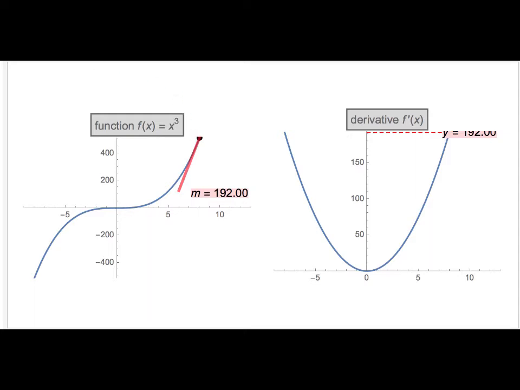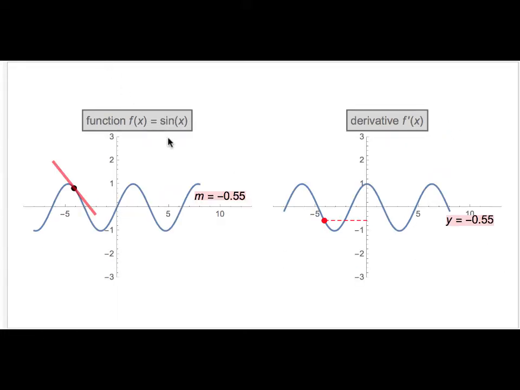When I take the derivative of a cubic function, notice it becomes a parabola, a quadratic equation. I wonder if this is a trend. I wonder if this will continue if I do x to the 4th, x to the 5th. That's something for you to think about and see if you can figure out: is there a relationship between my function value and my derivative equation?